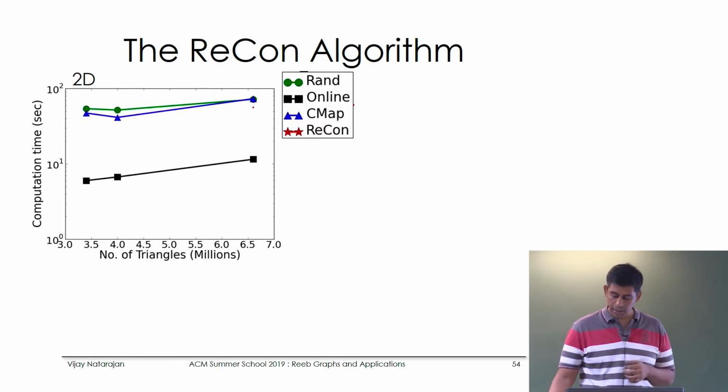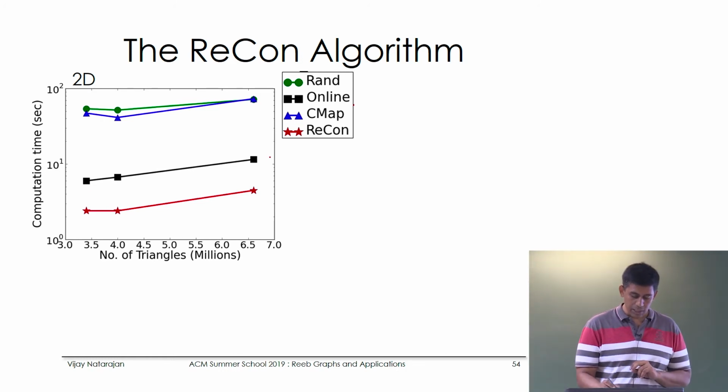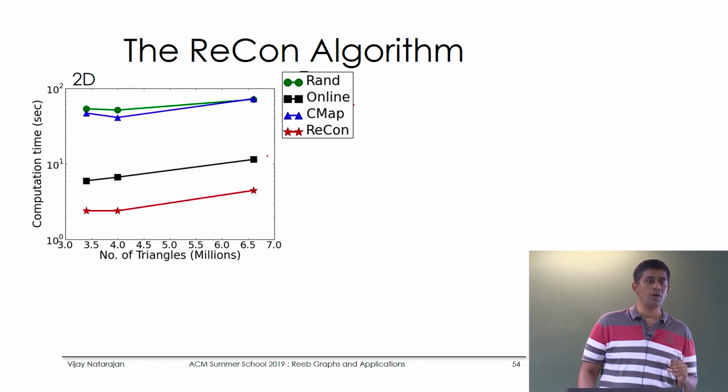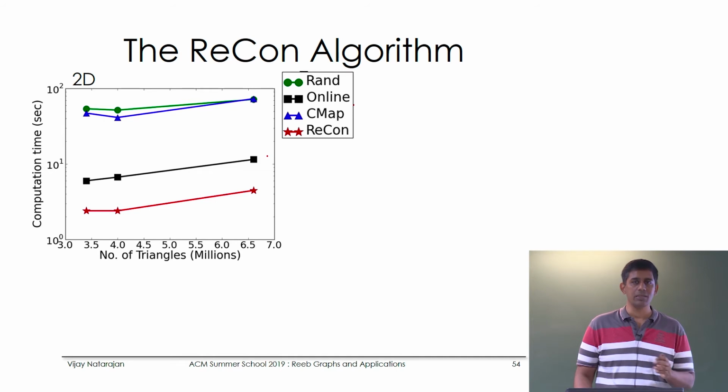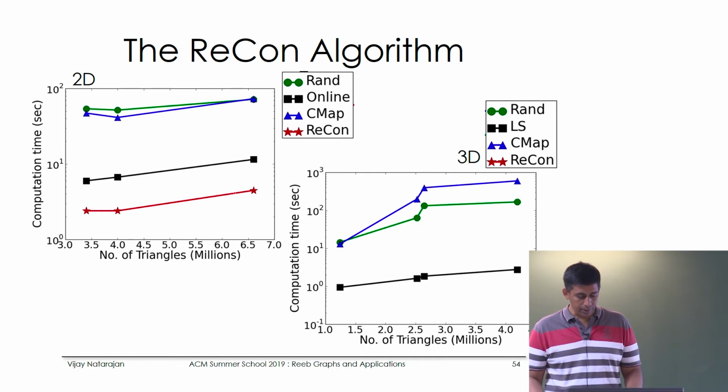Whereas this recon could do it in a few seconds, like 4 or 5 seconds. The black line here shows an algorithm that is fine-tuned for 2D domains, and hence is able to do much faster. Whereas recon, the same algorithm, works in all dimensions. It's a generic algorithm. Again, same recon applied to 3D domains.